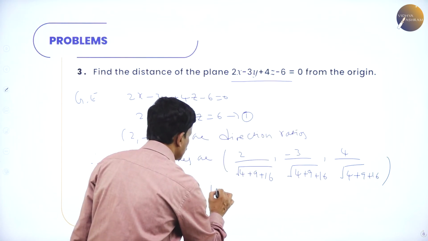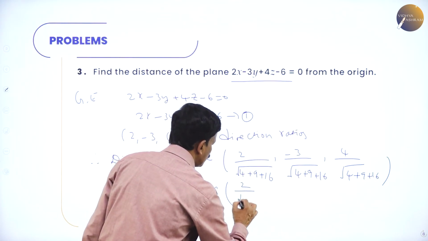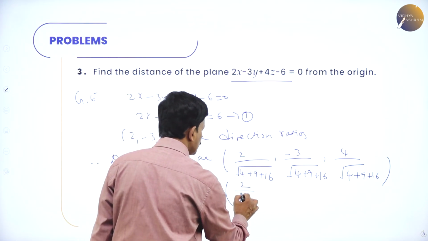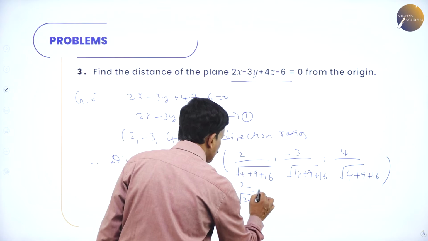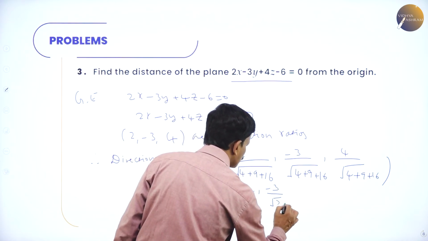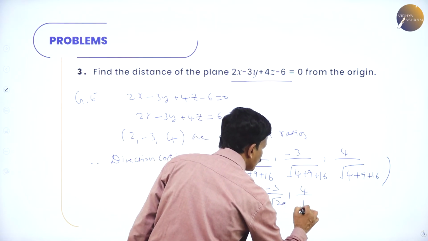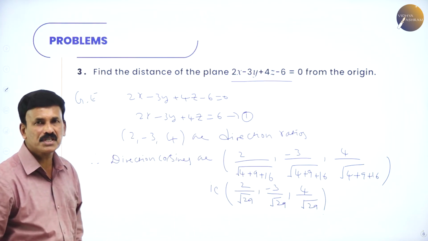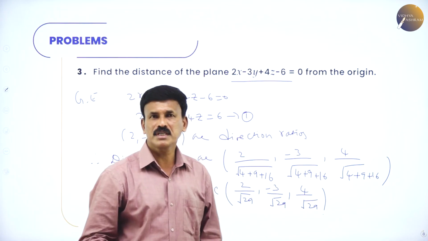So, the direction cosines are 2 by square root of 29, minus 3 by root 29, 4 by root 29. Okay. Hope you followed the direction cosines.